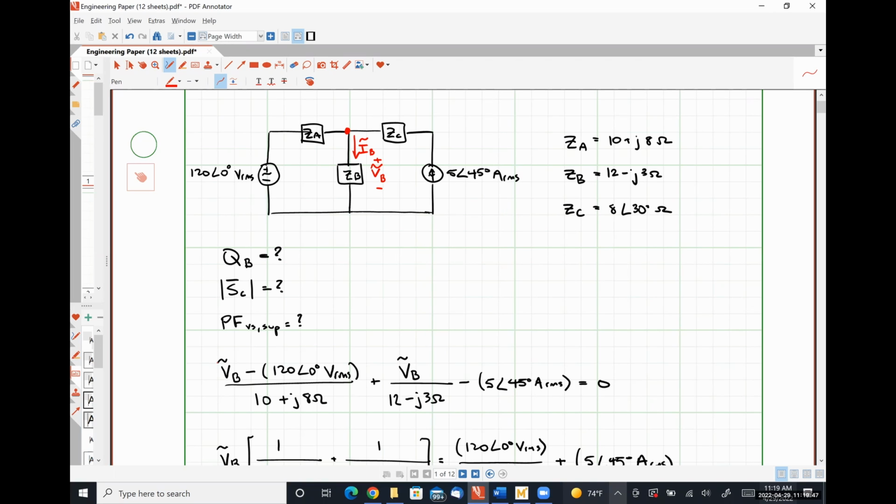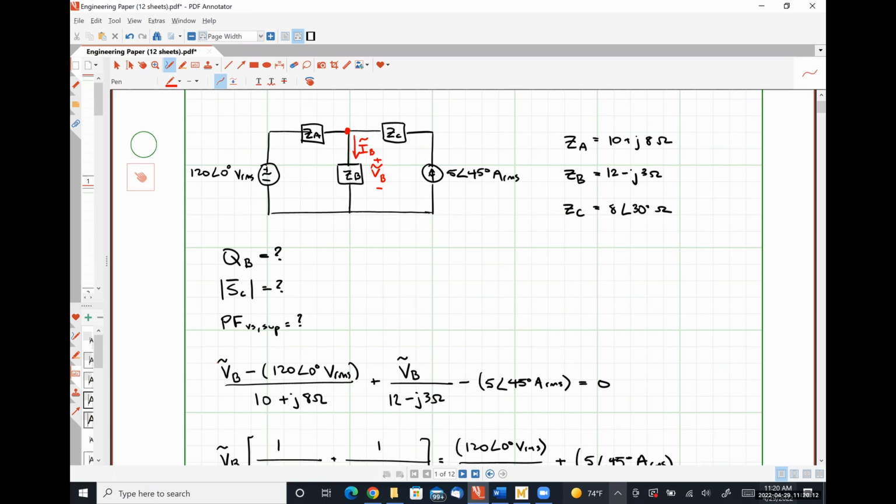The magnitude of S represents apparent power. So S by itself is the complex power. That is exactly correct.